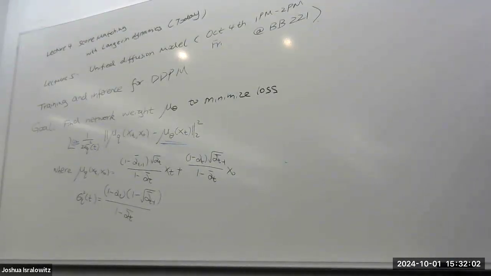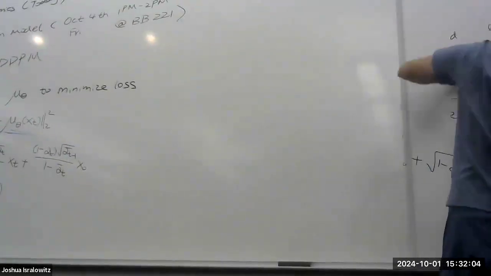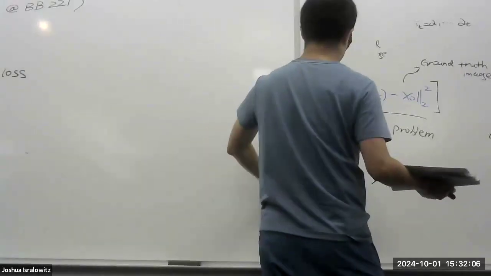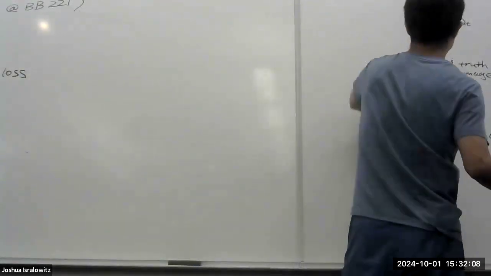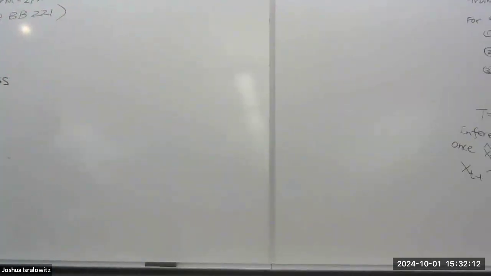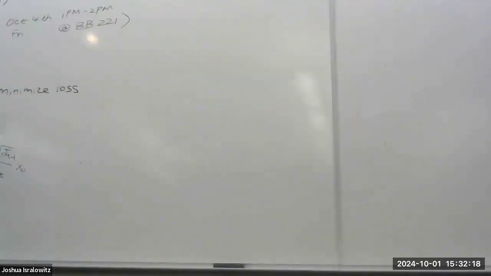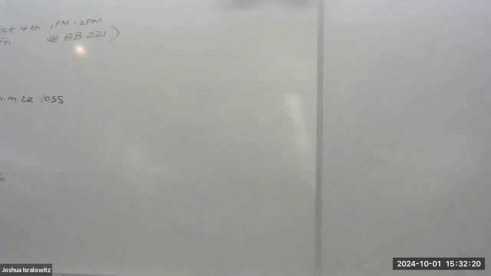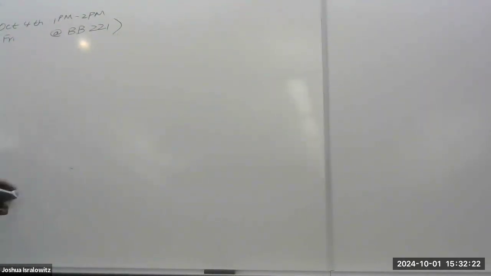I want to remind you of the first lecture that we did on stochastic differential equations. This is almost the fourth lecture, and we haven't talked about stochastic differential equations yet. So this is the first time I'm going to make the connection from DDPM to stochastic differential equations. So I'm going to erase everything here. This is not needed.